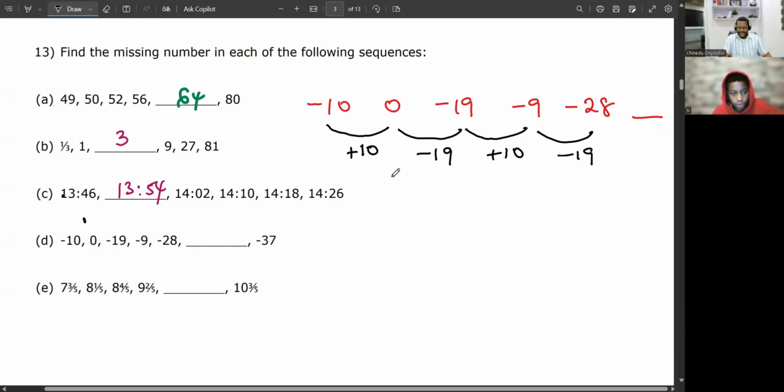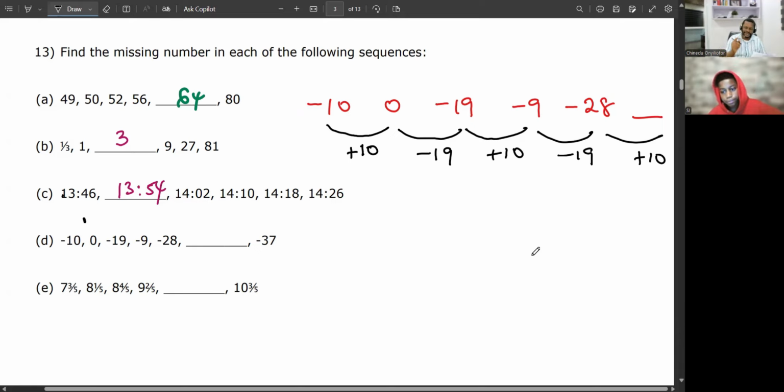Yes. Now, if you look at the pattern, do you see what's happening? Plus 10, minus 19, plus 10, minus 19, plus 10. Yeah, you add 10 here for the next one. And that would be what? It would be minus 28 plus 10. No, no, no. Would that be 18?